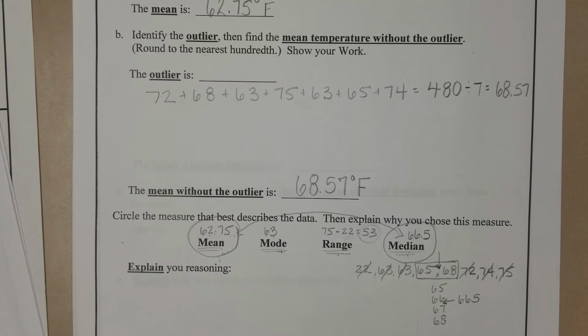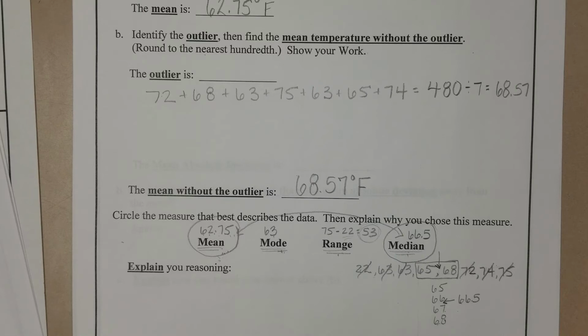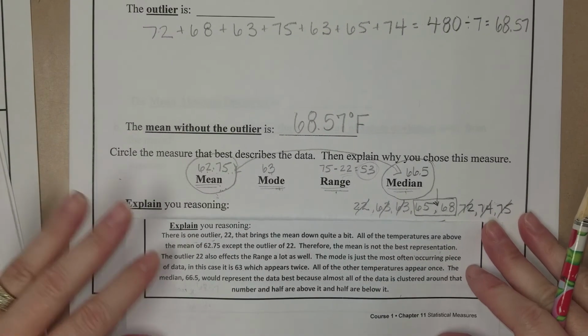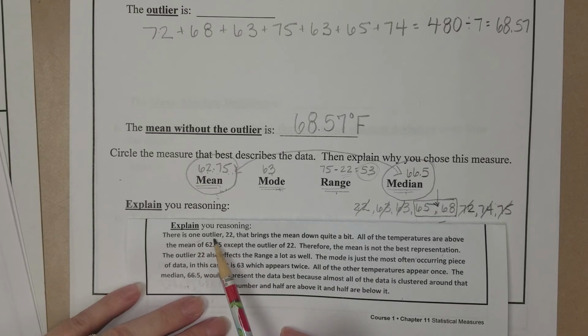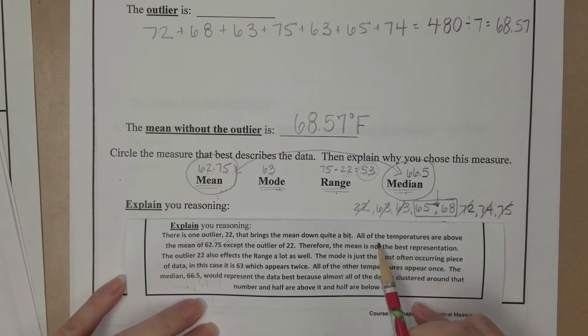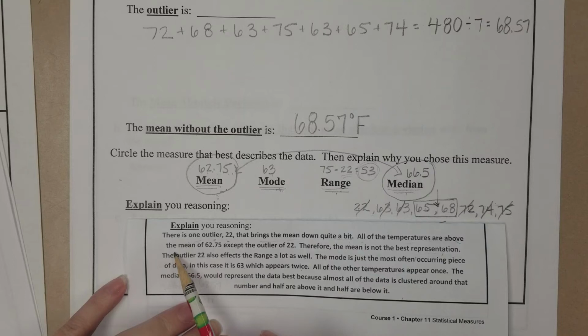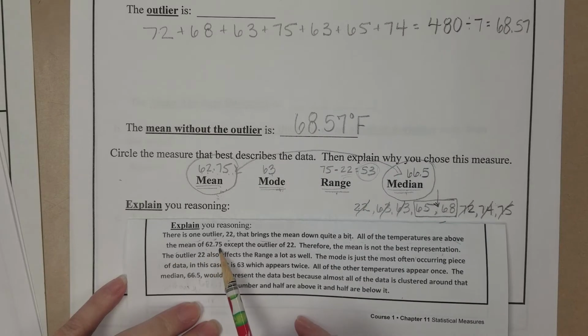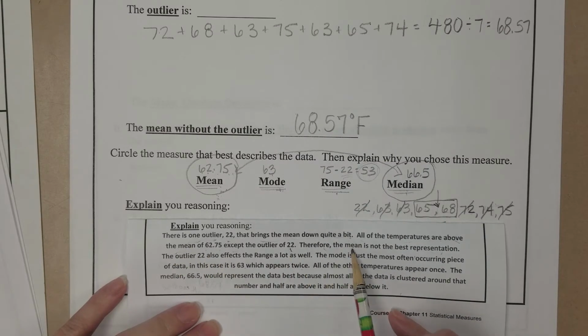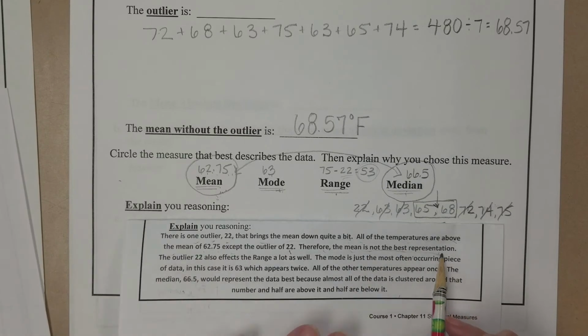Now, I typed up my answer so that you could see the reasoning in words. There is one outlier, 22, that brings the mean down quite a bit. All of the temperatures are above the mean of 62.75 except the outlier of 22. Therefore, the mean is not the best representation.